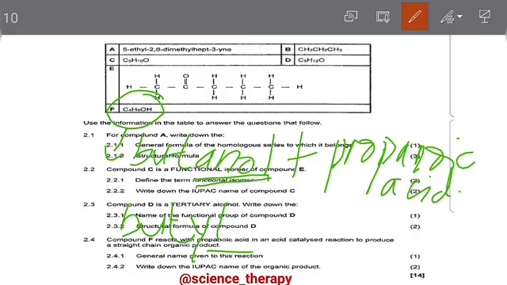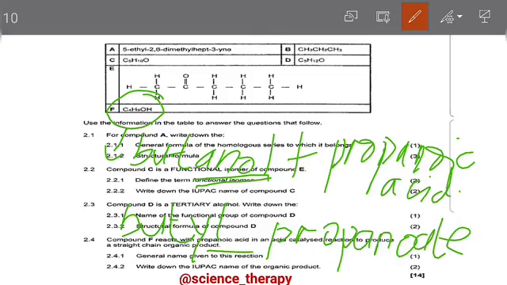Then from the propanoic acid, you drop off the oic acid and put oate, so it's propanoate. So the name of this organic product is butyl propanoate. Awesome. And that's how you could have murdered the question.